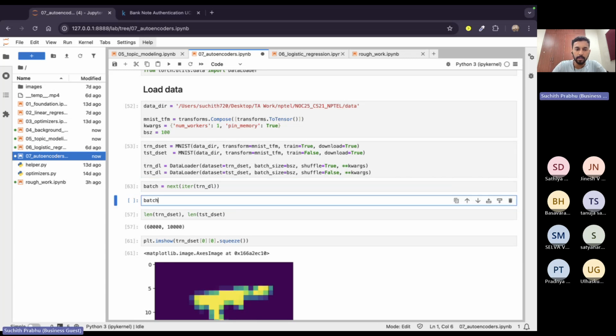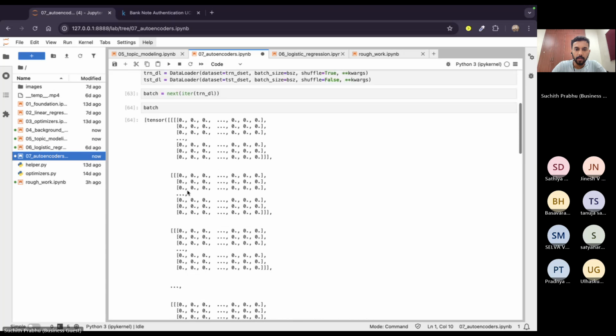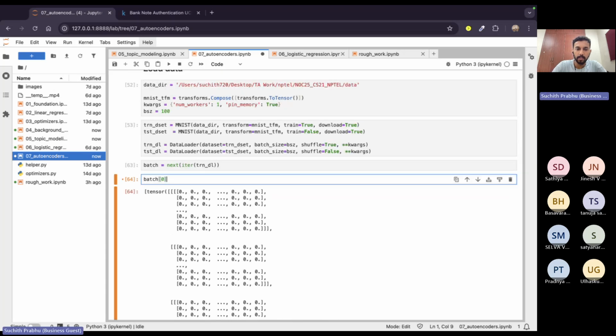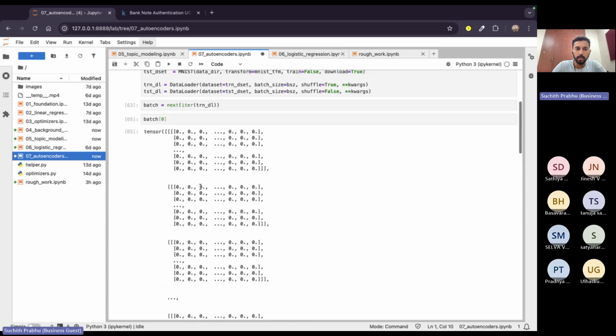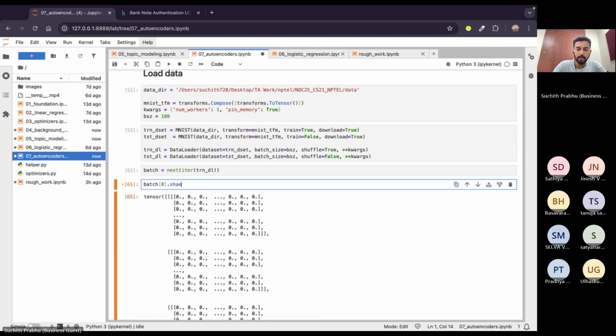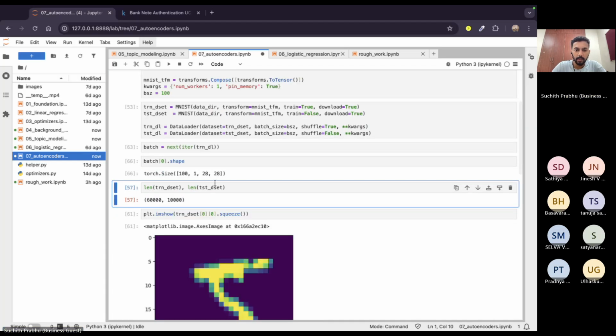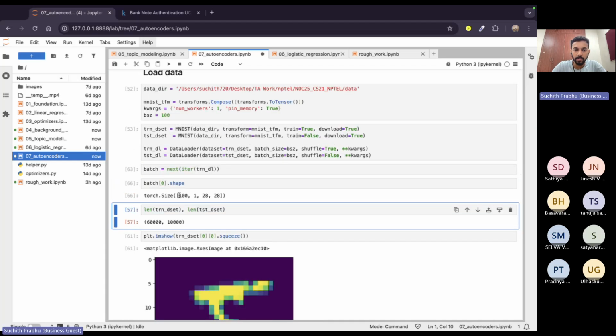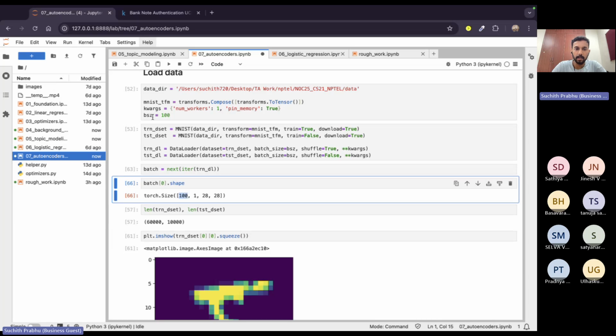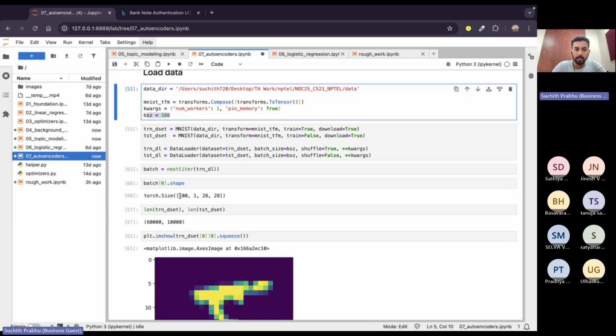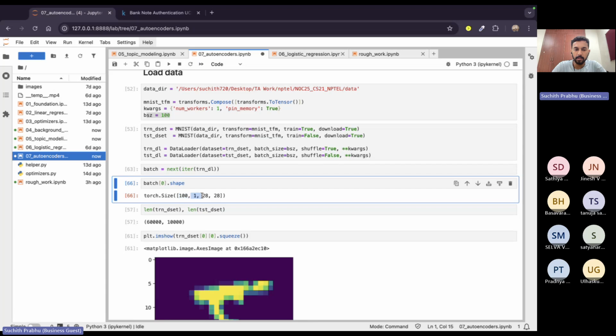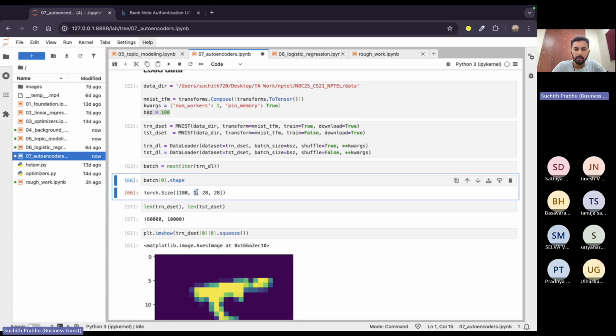This will return a batch. So we look at the batch. The first one is the X value, and we look at its shape. We have 100, because we specified the batch size as 100, so we get 100 images. And this is the size of the image, 1 cross 28 cross 28. It's a grayscale image, so the number of channels is 1, and this is the height and width of the image.